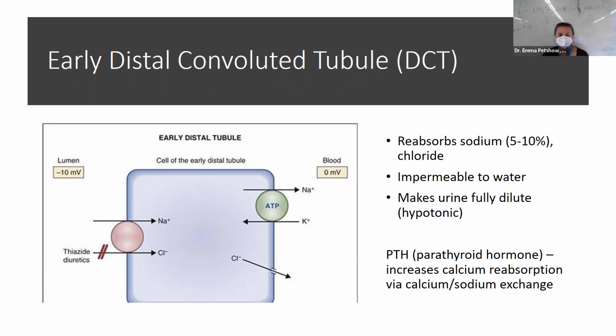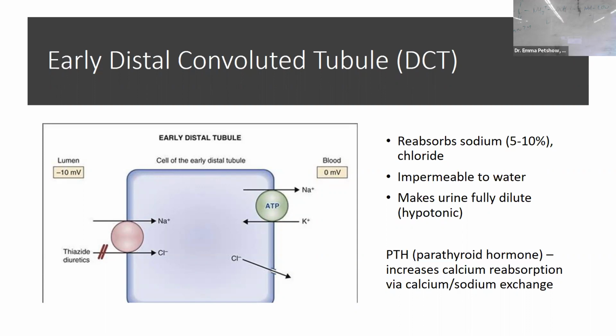We're also going to see, again, we have our sodium-potassium ATPase pushing sodium into the blood. When in doubt, that's what's happening, getting sodium from the cells. And our parathyroid hormone acts here again. It's going to increase our calcium reabsorption via a calcium-sodium exchange. So it's not on here, but what it's going to do is take calcium in, and then exchange for some sodium out, but then sodium and chloride can come in here together.